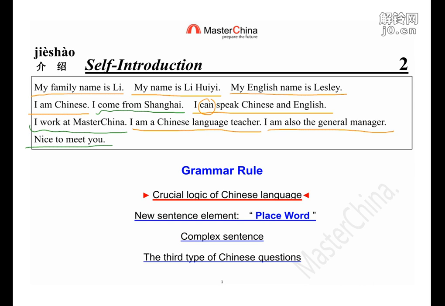Today we not only learn how to make the expression, we need to understand the grammar rule. So you should notice the first one, the crucial logic of Chinese language. I make the red line. It means that I regard this as the most important principle in this study. Or you can call it the core of Chinese language. What does it mean?